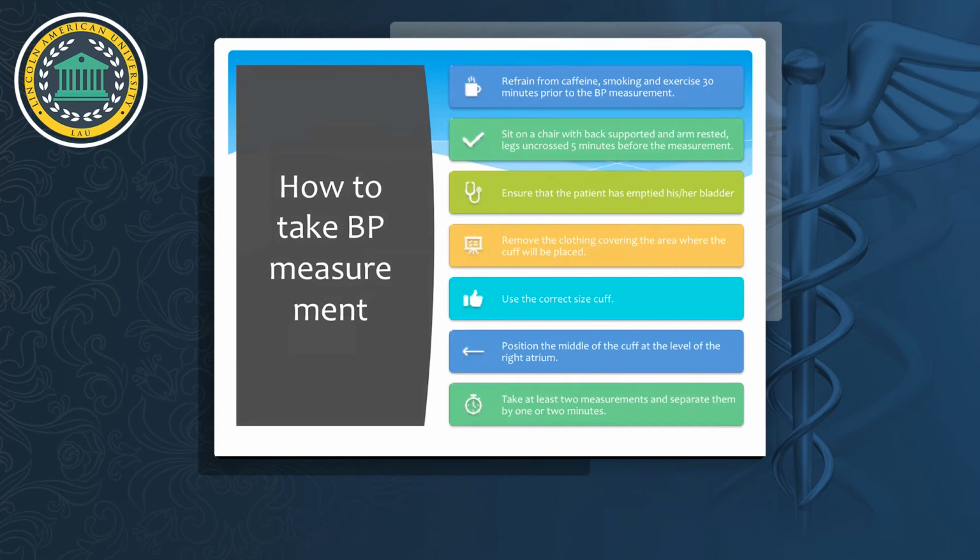Ensure that the patient has emptied his or her bladder. Remove the clothing covering the area where the cuff will be placed. Use the correct size cuff. Position the middle of the cuff at the level of the right atrium, and take at least 2 measurements separated by 1 or 2 minutes. You can imagine that if somebody has a full bladder, the BP will go up. So just imagine how important it is to take a blood pressure measurement properly.